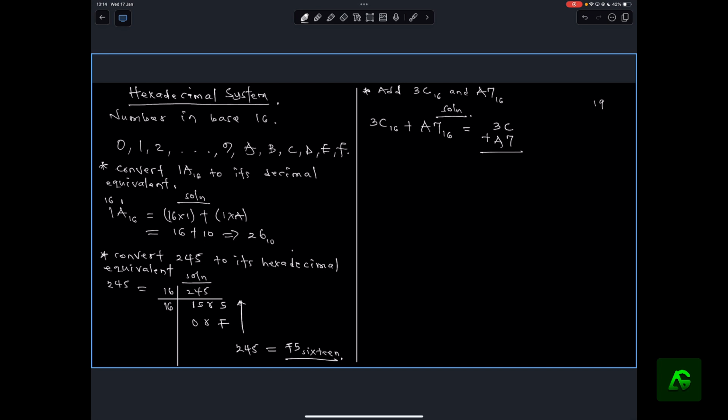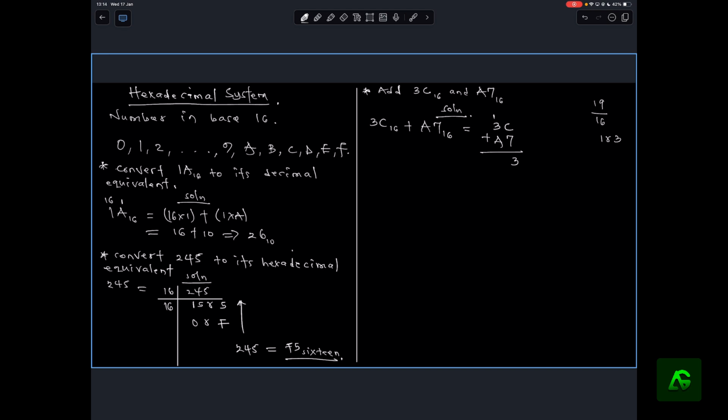We cannot have 19 in base 16, so we divide 19 by 16. It gives 1, remainder 3. So I will write the remainder 3, and the 1 is carried.